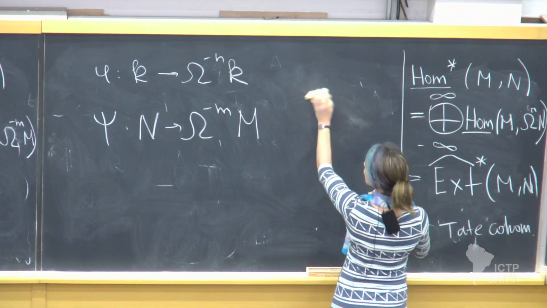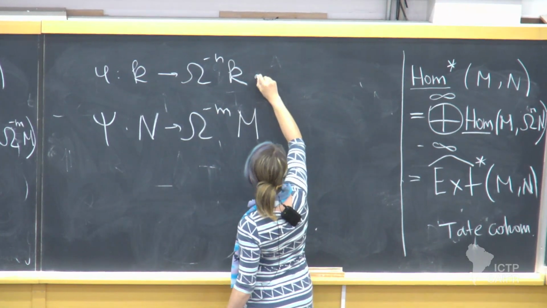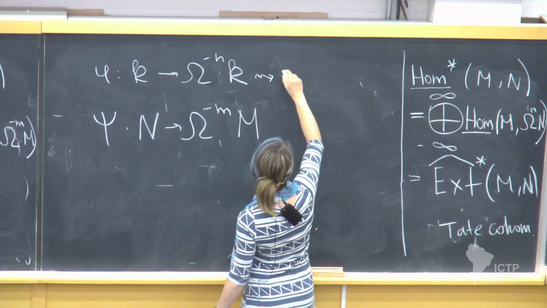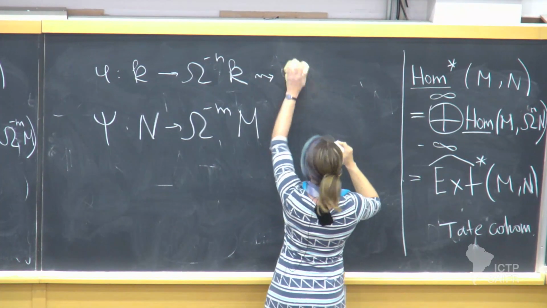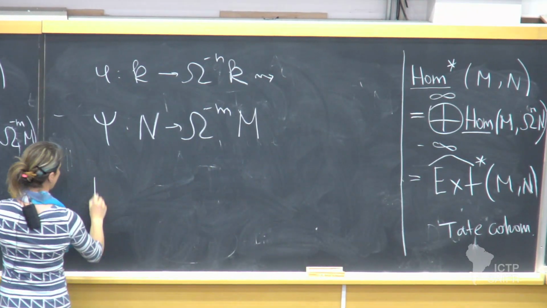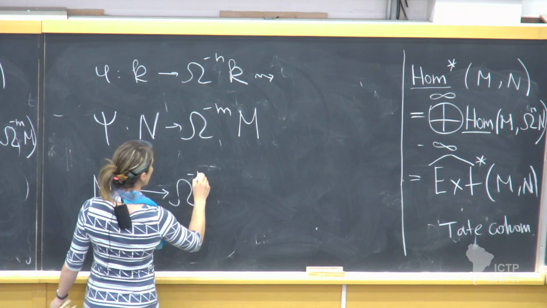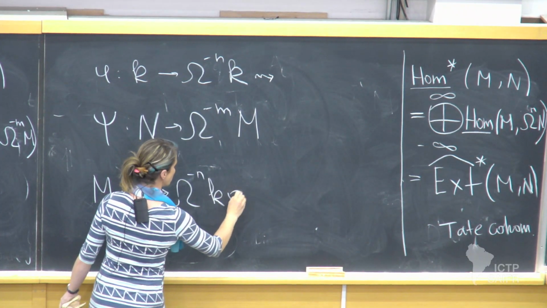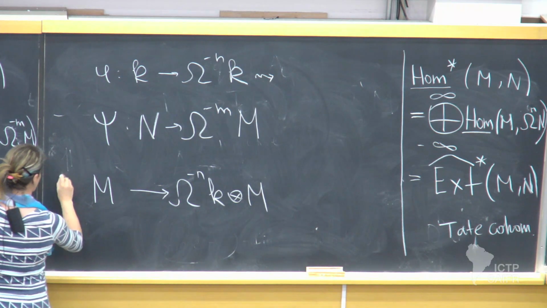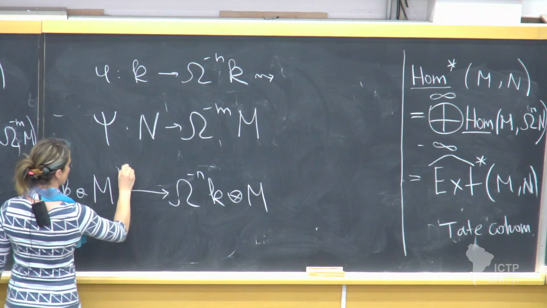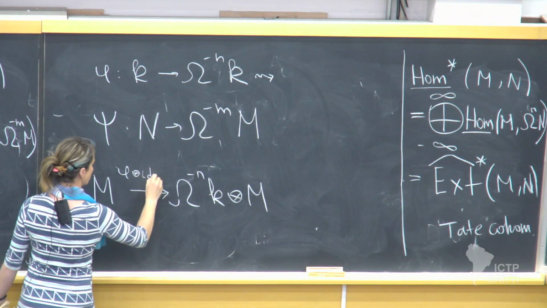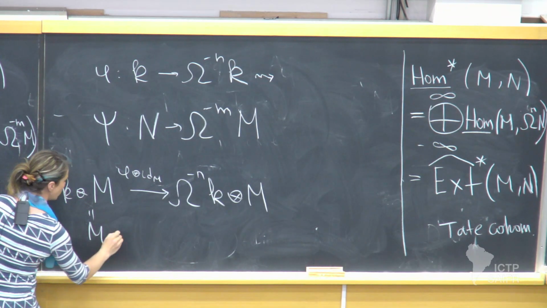Well, first, I have tensor in my category. So I can tensor phi. Oh, actually, let's do it here. I can tensor phi with the identity map on M. But this is just M, 2.